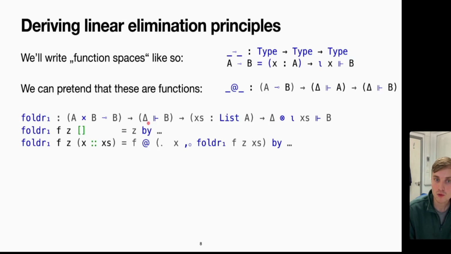And then the linear fold principle, or actually a linear fold principle, this is why there's a 1 here. There are in general many sensible elimination principles you can give in a linear setting. A linear elimination principle would turn any list, using this list once, as well as the delta, which is needed for the base case, into a B. And we can define this fold R1 by pattern matching, or actually dependent elimination is at the core here, using our add function, and there's some syntactic sugar needed to lift everything from an intuitionistic level into our linear level.